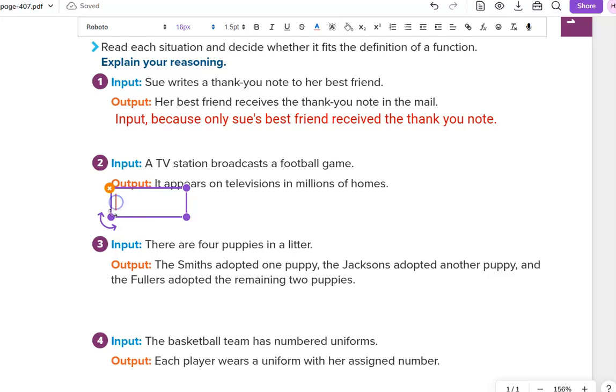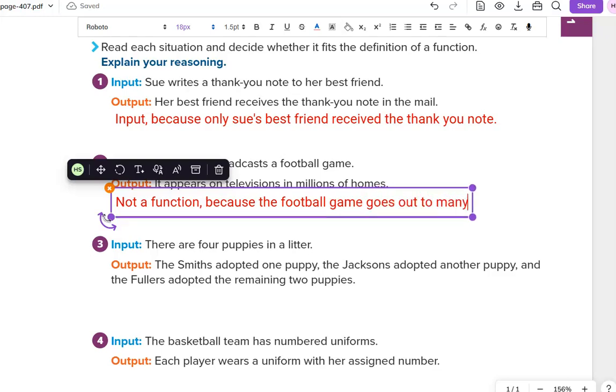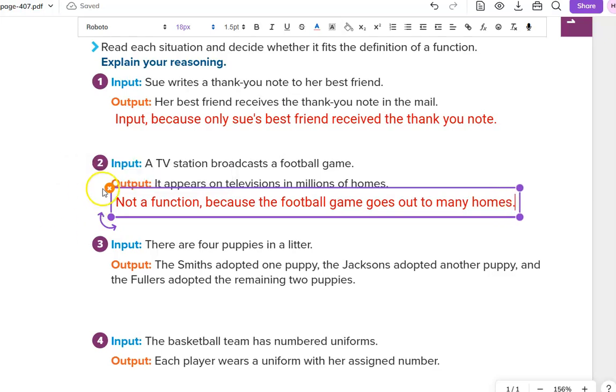So this is not a function because the football game goes out to many homes. So if I was drawing my mapping, I'd have the football game as an input, and it would go out to millions of homes. There would be lots of arrows leaving that input.